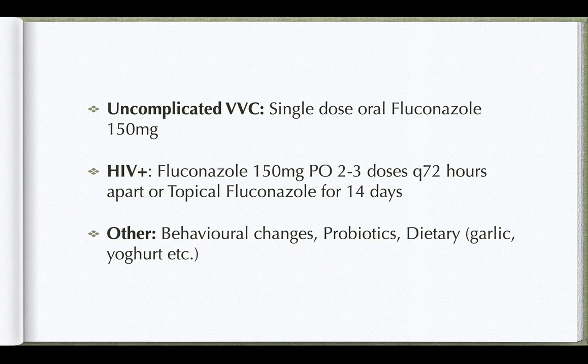Within 14 days, 90% of patients have had symptomatic relief. In HIV positive patients, fluconazole 150 milligrams, 2 to 3 doses taken 72 hours apart, can be given. If the patient opts for topical treatment, it should be given for 14 days.